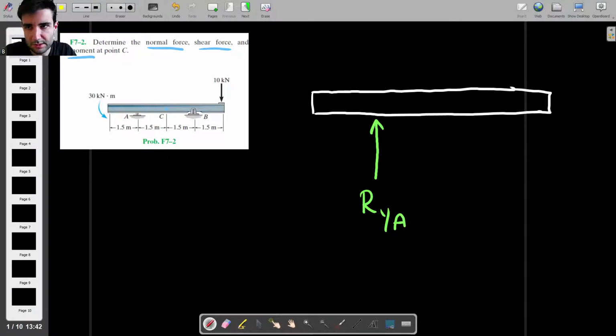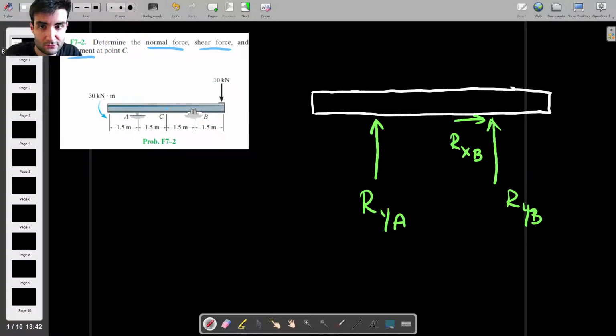And then at B, which is 1.5 meters away from the right hand side of the beam, normally we have two reaction forces: RYB, and we also have an RXB. Because this is a simple support, and simple supports have two reaction forces, a vertical and a horizontal one. Those are all the reactions that we have.